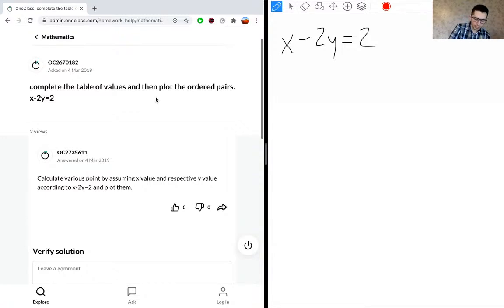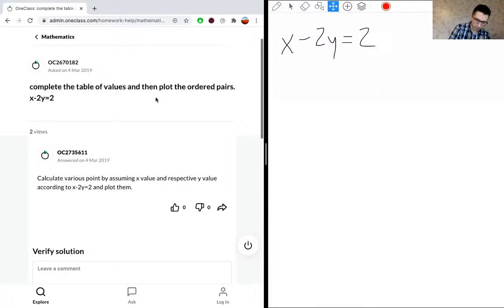So the best way to start off is to put the equation in the format of y equals mx plus b, where m is the slope of the function and b is the y-intercept. So we'll rearrange the equation.